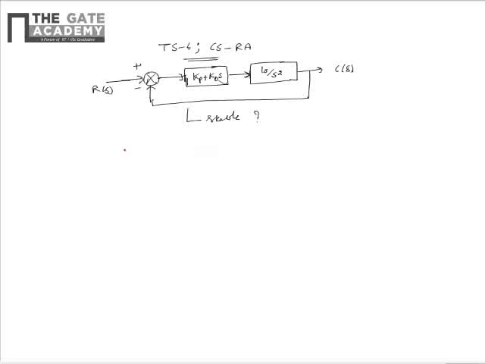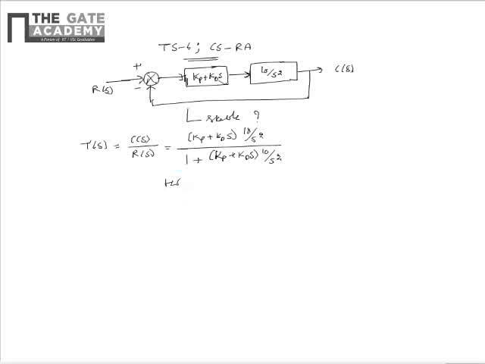From the given data, we see that the transfer function of the network T of s is equal to C of s divided by R of s, which can be written as (Kp plus Kds) multiplied by 10 by s square, divided by 1 plus (Kp plus Kds) multiplied by 10 by s square.